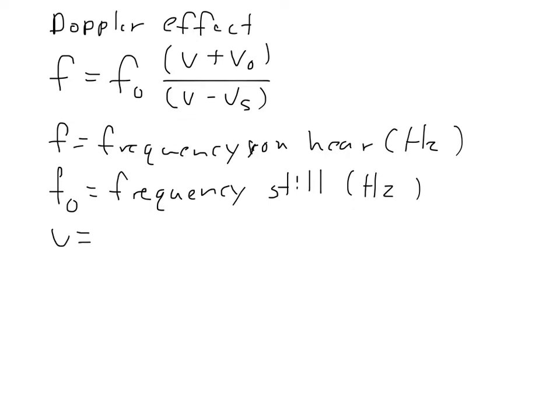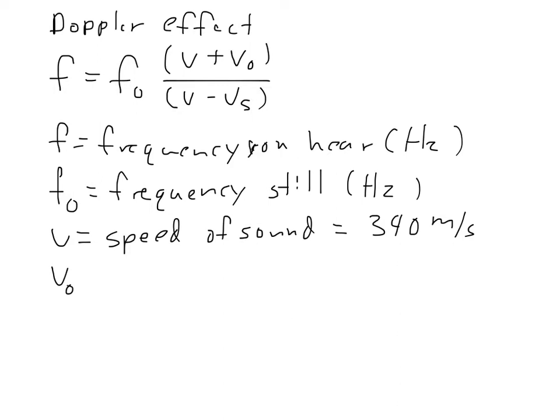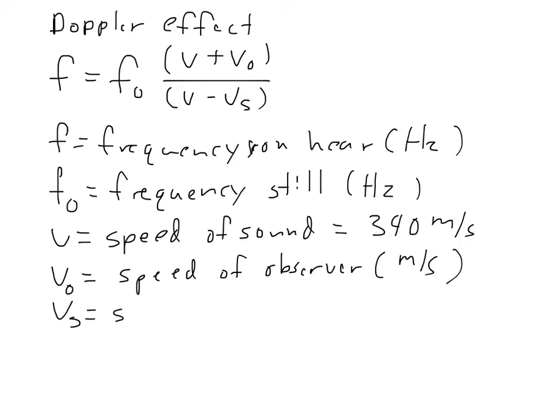V is the speed of sound, and again, assume that is 340 unless otherwise specified. VO is the speed of the observer, in meters per second, and VS is the speed of the source, in meters per second.